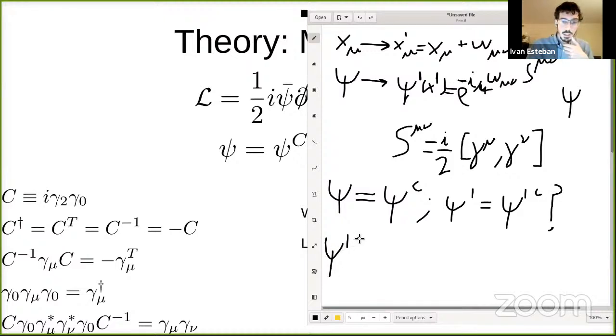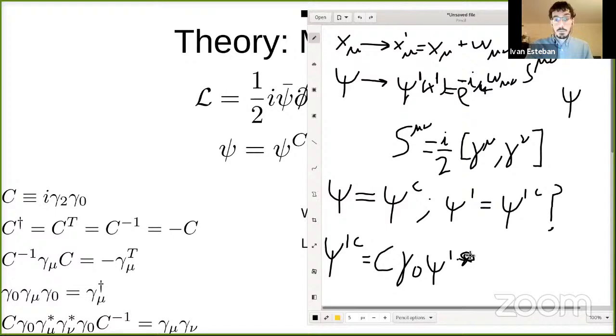Basically, the charge conjugate of psi prime will be, by definition of charge conjugate, the C matrix times gamma 0 times psi prime complex conjugate.